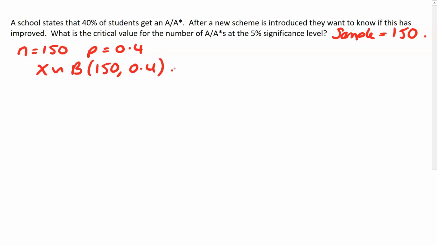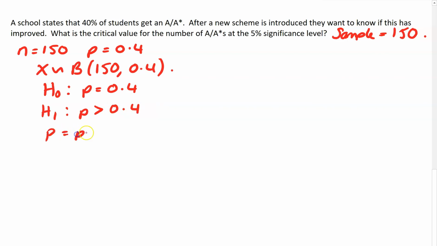So a new scheme has been introduced and they want to know if it's improved. What's the critical value, the number of A's and A stars, at the 5% significance level? Okay, so H0, no change, so stays at 0.4. Alternate, we want to know that it's improved, so it's got to be greater than 0.4.